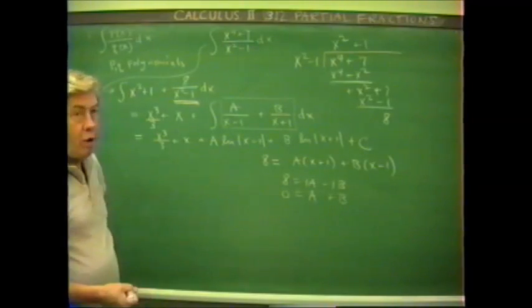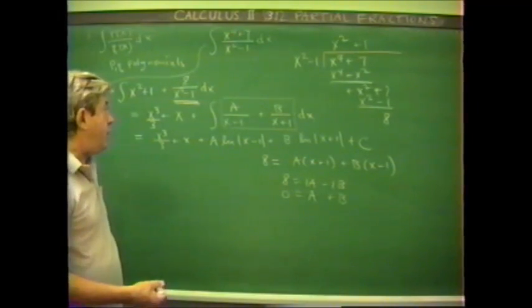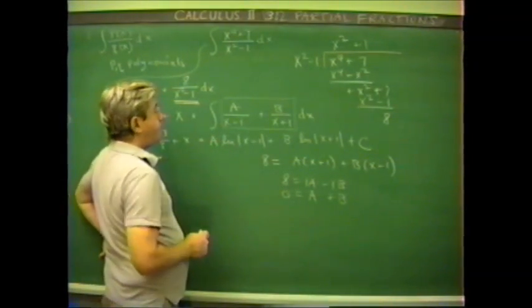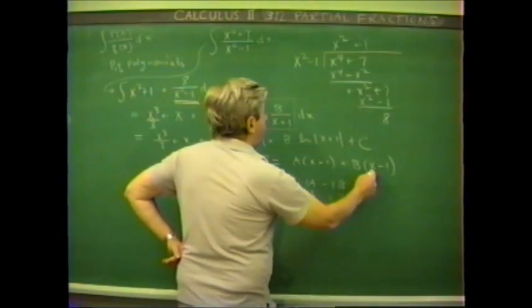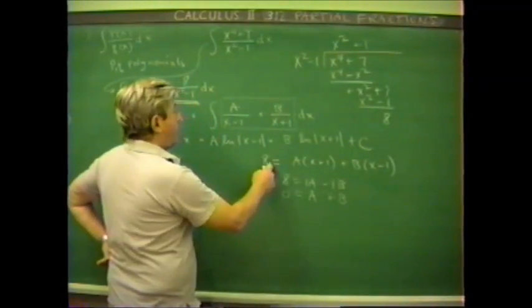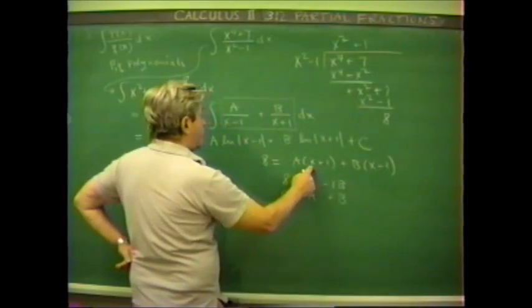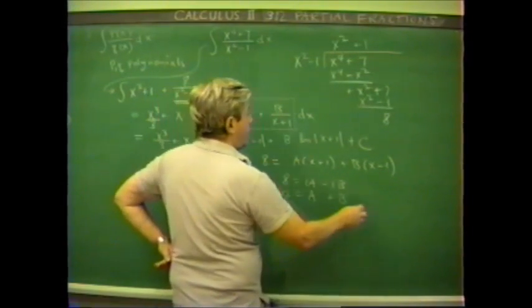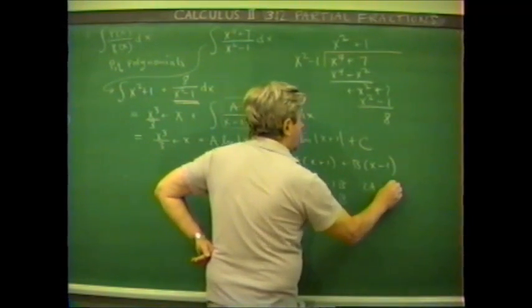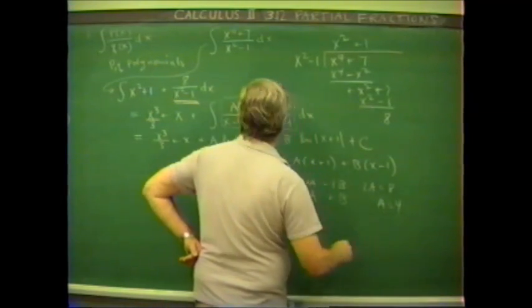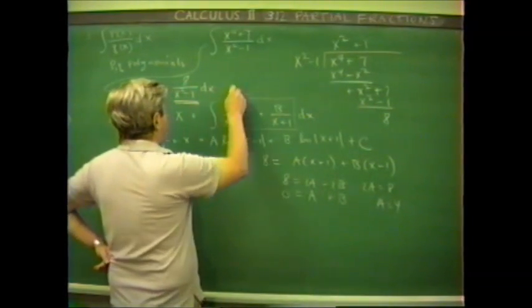Right? If we know, however, that this is going to work, and we'll assume that it will, you can always check it. You can frequently put in a number for x and find out what a and b are. In particular, if I let x equal 1 here, the b disappears, and I get 2a is equal to 8, so that a is 4.